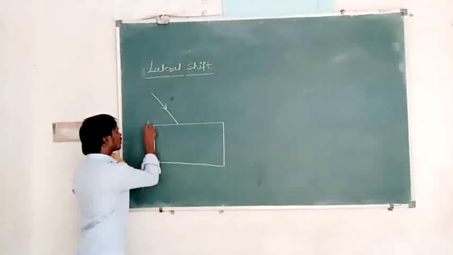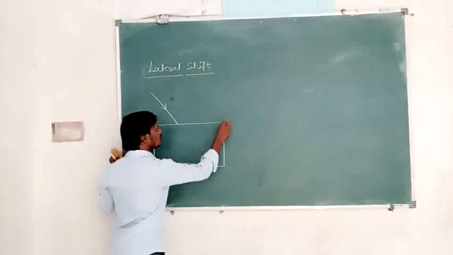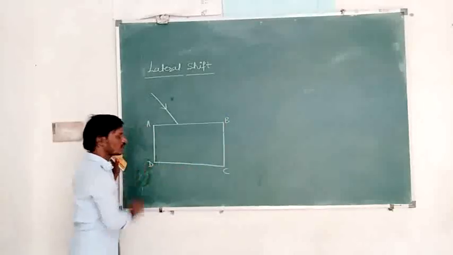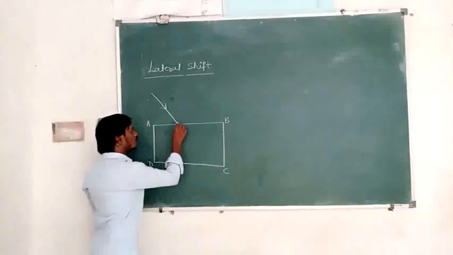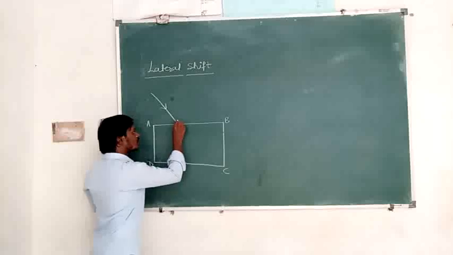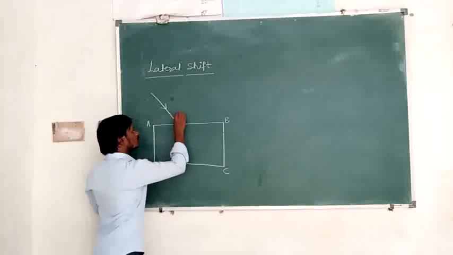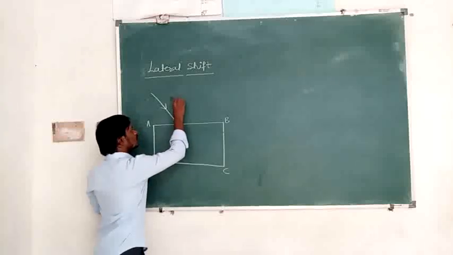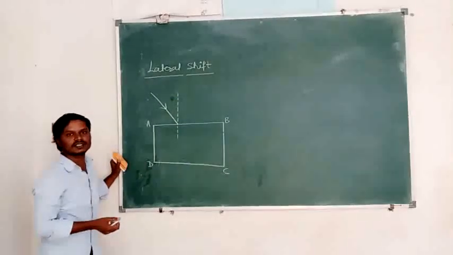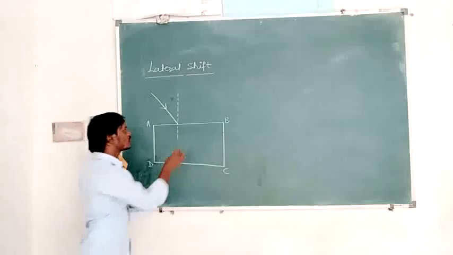There are two refracting surfaces we are going to take, AB and CD. These two are the refracting surfaces. Then at the point of incidence, as usual, we draw the normal. The normal is a perpendicular line drawn to the refracting surface at the point of incidence.